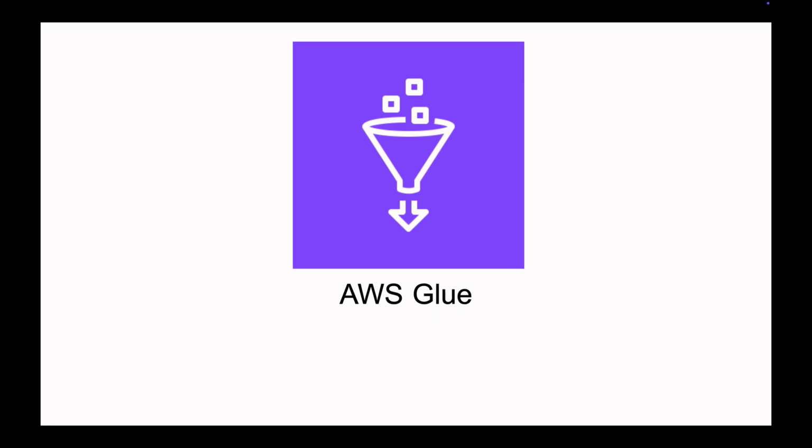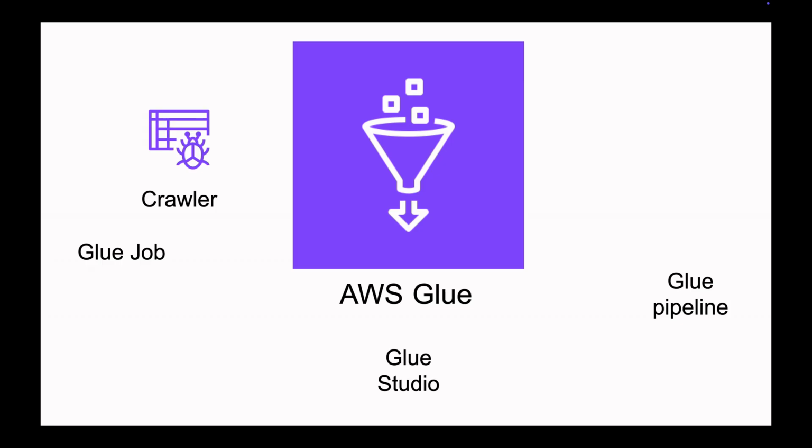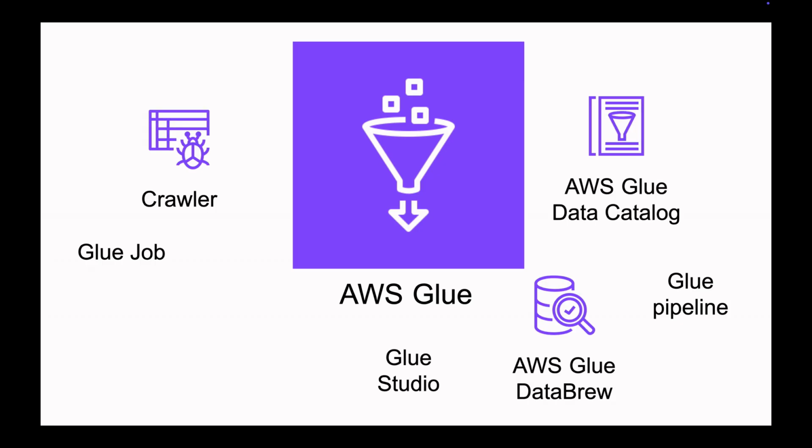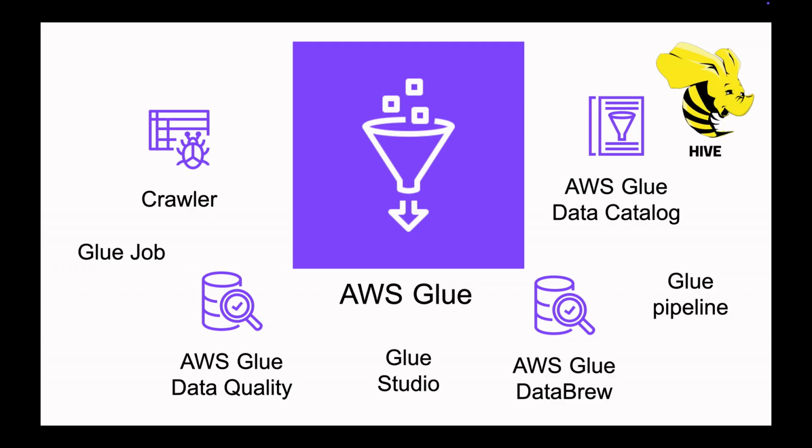Expect questions about Glue jobs, pipelines, Studio, Crawler, Data Catalog, DataBrew, and data quality. Also, understand how Glue integrates with Apache Spark. For example, the Amazon Glue Data Catalog is compatible with the Apache Hive Metastore.